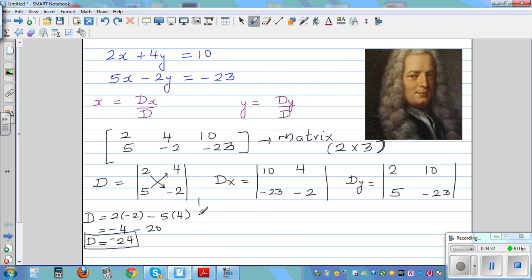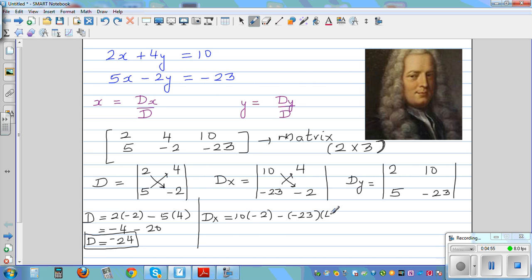Okay, so let me do the working for dx. It would be, again cross multiply like this, take away this product. So 10 times negative 2, take away negative 23 times 4.